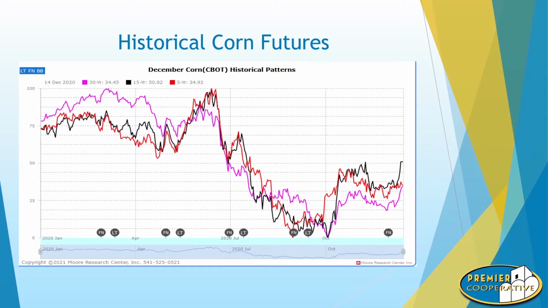Futures, knowing when to price. June, July, right before July, is a good pricing time to set your futures if you're looking at doing an NBE. A little bit beforehand, you look at your 30-year, your 15-year, your 5-year, and so forth. You can kind of see when you might want to price.